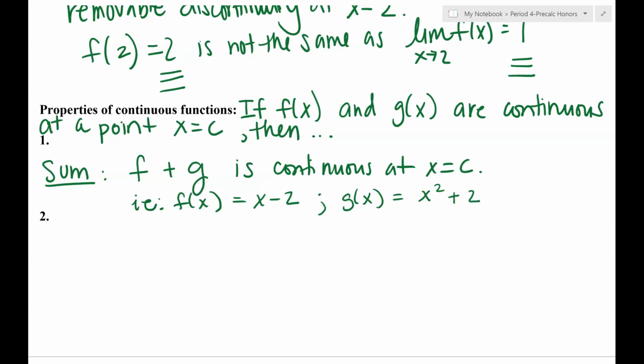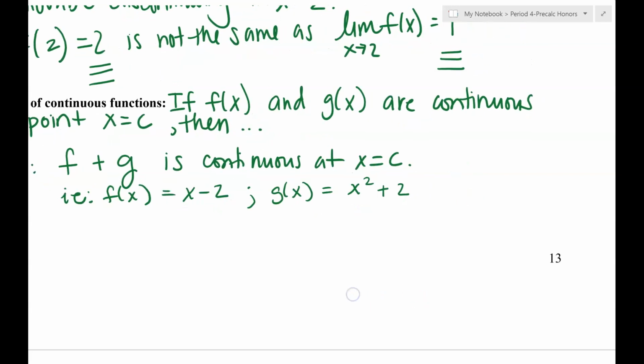So creative. What would you get if I add those two functions? If I do f plus g, I get x squared plus x. Because f is continuous everywhere and g is continuous everywhere, when I add the functions, my answer function should be continuous everywhere. If f is only continuous at a particular location, and g must be continuous at that same location, when I add them, they should be continuous at the same exact location. So that's what it means.